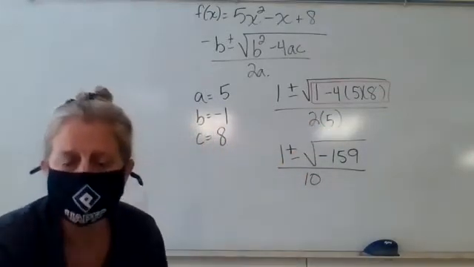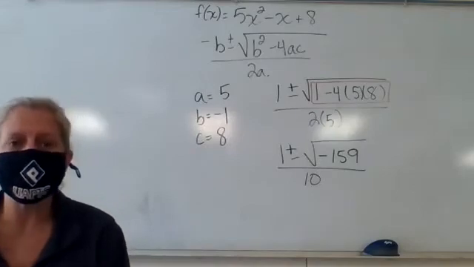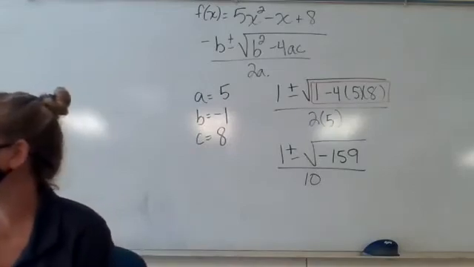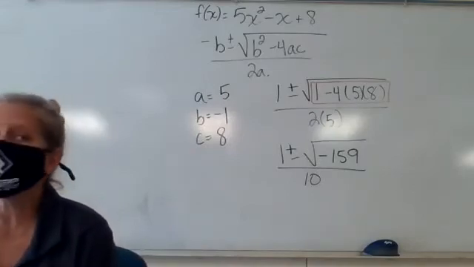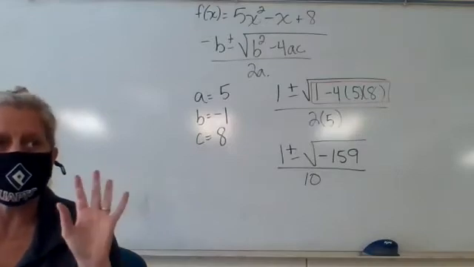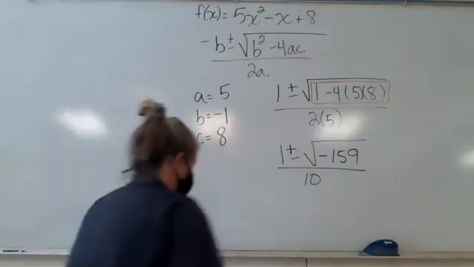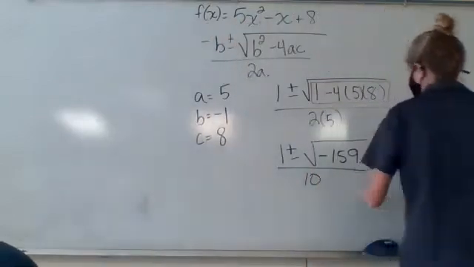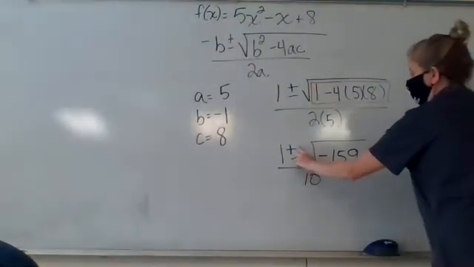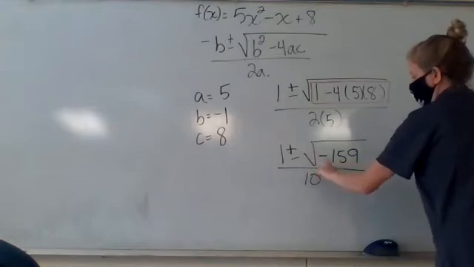So what happens on this problem is I do have a square root that has a negative underneath. So you can't leave your answer with a negative because that is not mathematically correct. You need to bring out what letter comes out of here to turn this positive.